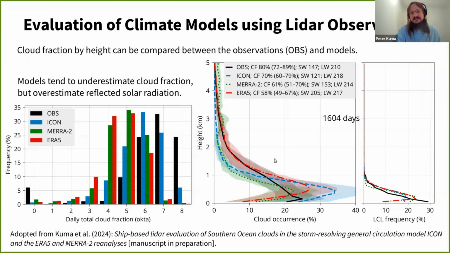And so that's the graph here, which shows the cloud occurrence by height. So this is long-term statistics calculated from the cloud mask that I showed in the previous slide. And we compare observations, which is the black line, with various types of models. And then we can see the error in the models by height. So for example, here we see the ICON model, which is a kilometer scale model that I described before.